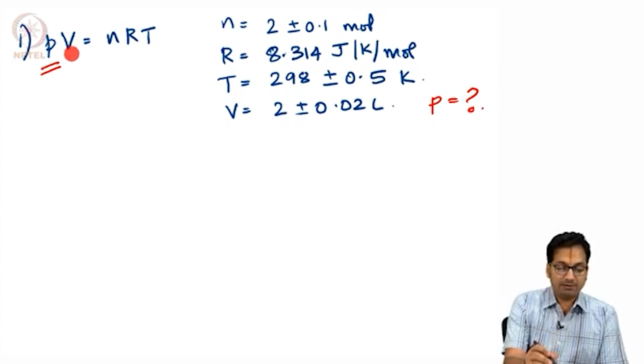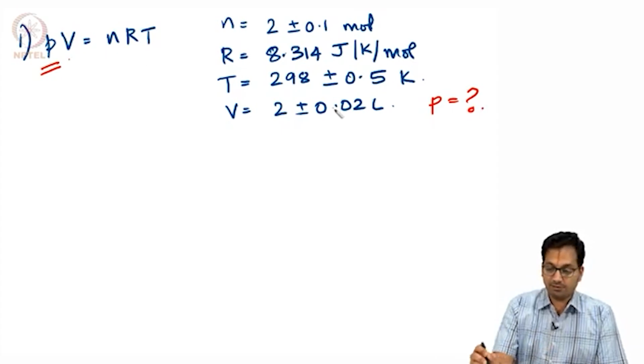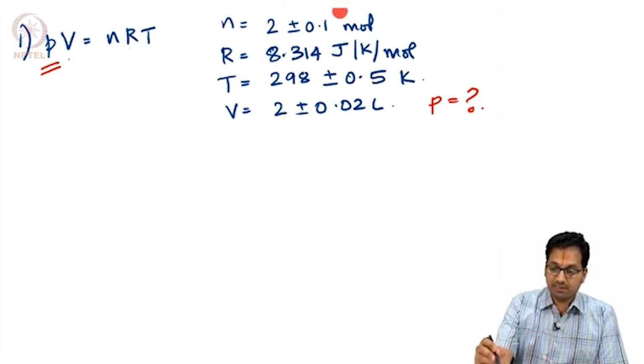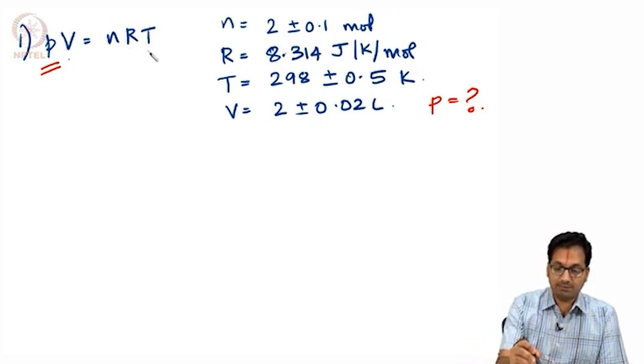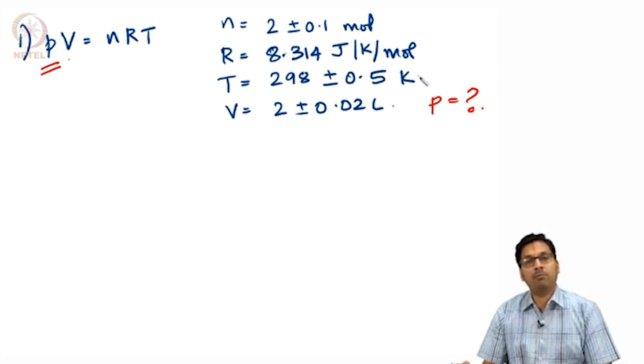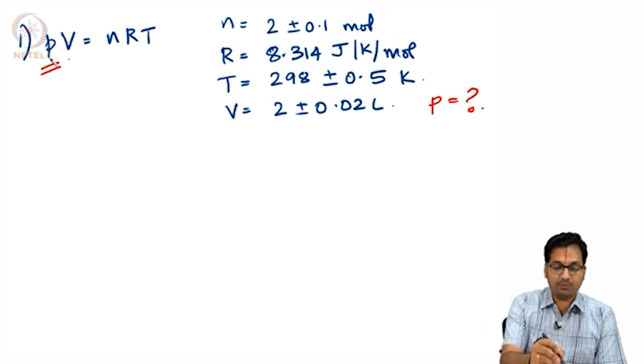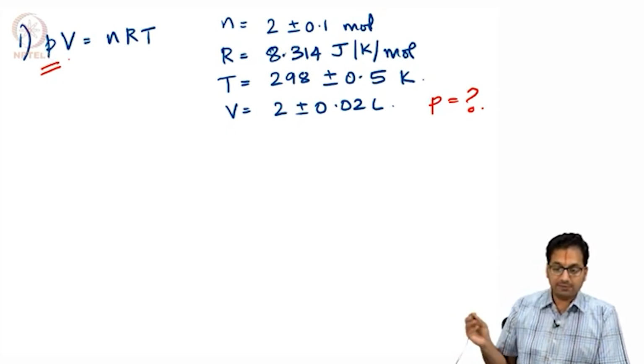You are able to realize that each one of these variables is associated with a certain error: V, the number of moles, and the temperature. So, what would be the error associated with P is the question in this case. So, let us try to solve this problem.